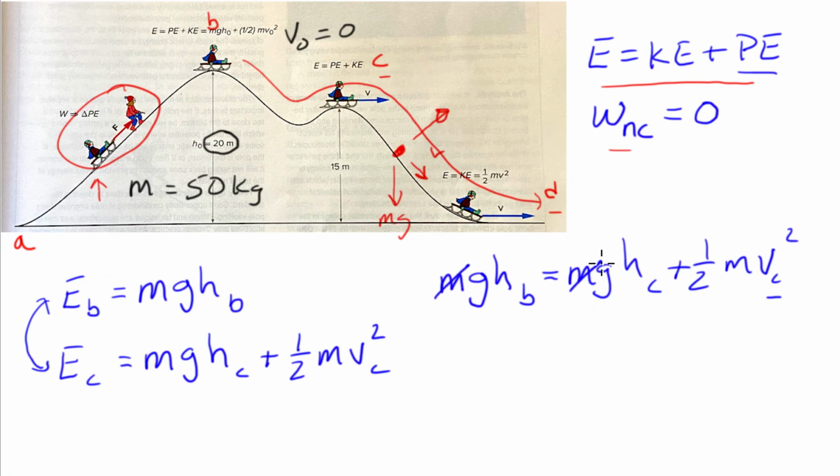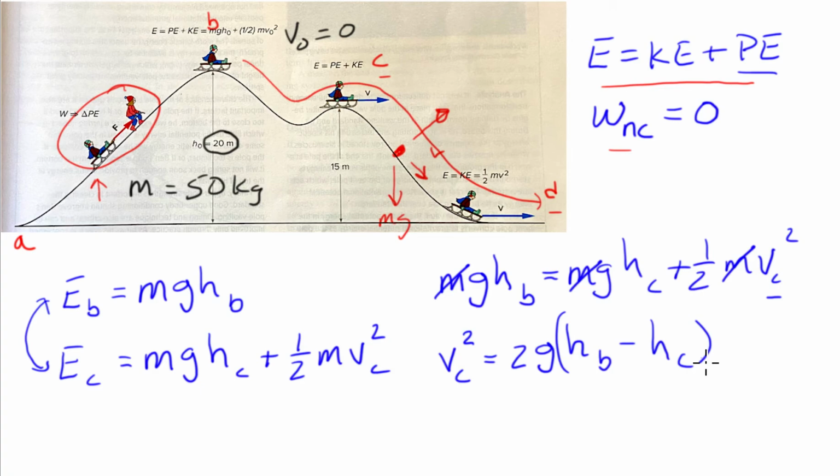First of all, there's a mass in each one of those terms, so I can divide it out. And I can multiply both sides by 2 and bring this over to the other side. I end up with this. You might want to do this a totally different way. It amounts to the same thing.